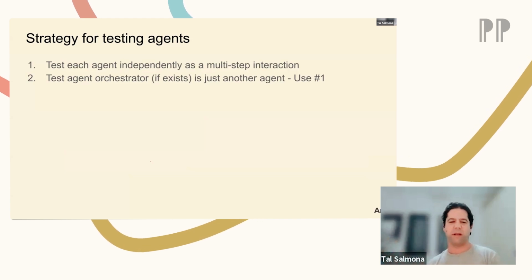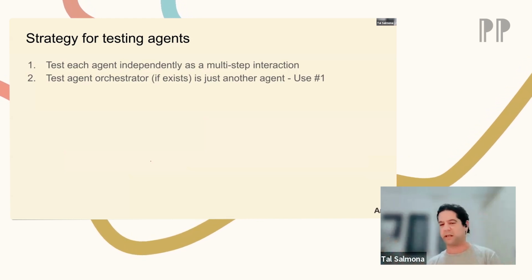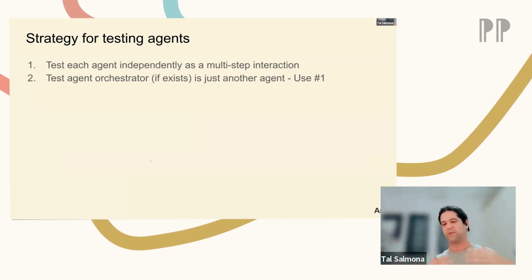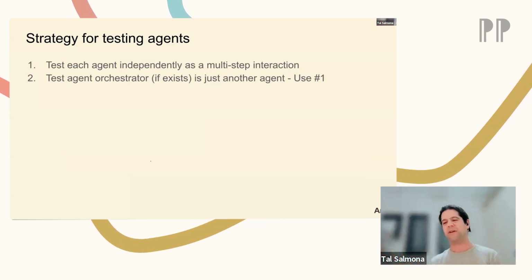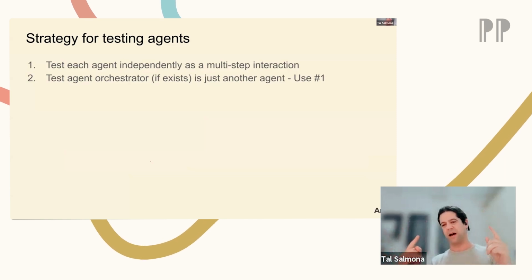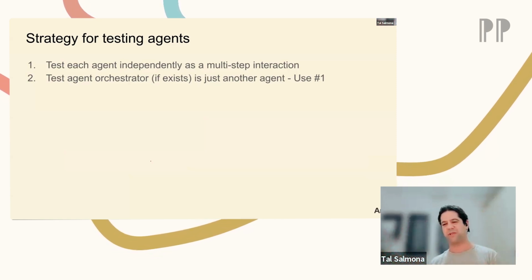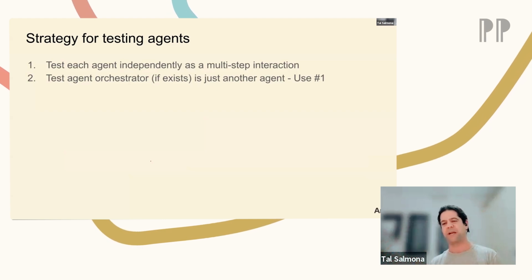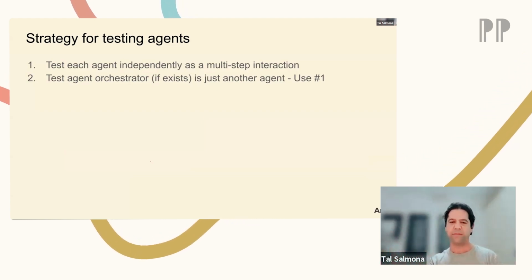And we can look at the agent orchestrator as yet another agent, right? Its role is to create this graph, and we can see how it behaves and how it diverges or converges to the same expectation that we have of what kind of execution graph it should build.